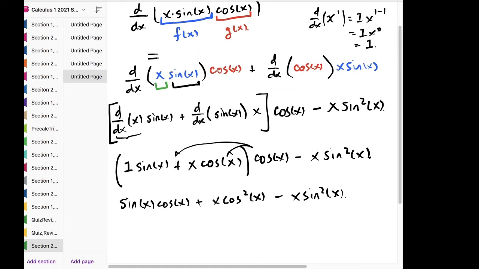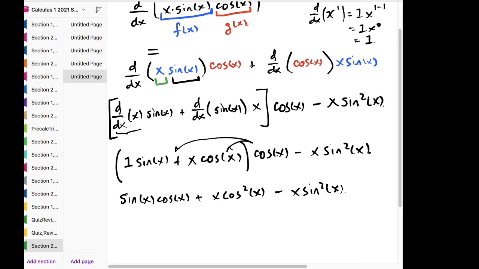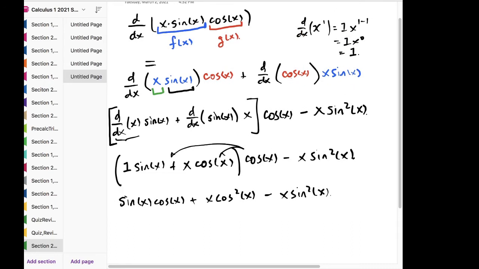Okay, can we simplify the solution at all? Well, there's one thing you can do, is if you factor out an x, then you get cosine squared minus sine squared. What is cosine squared minus sine squared?